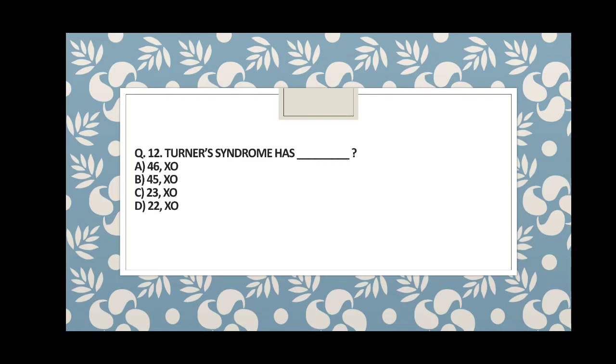The correct answer is B, that is 45XO. O here is for 0, that is no Y. Only X chromosome is present in Turner syndrome females, and they are sterile, not fertile. So guys, 45XO is the correct answer: 45 chromosomes including X and no Y.